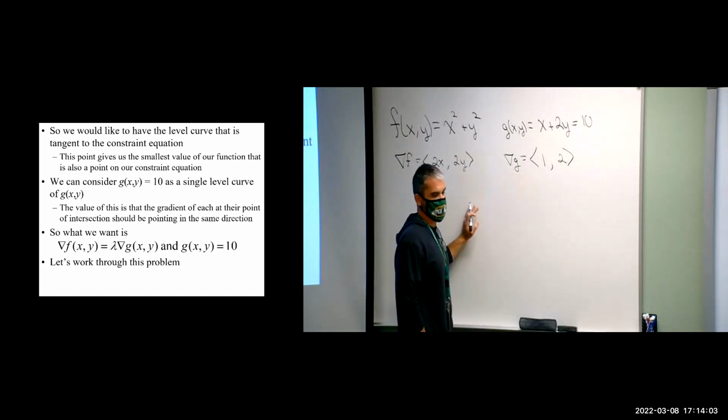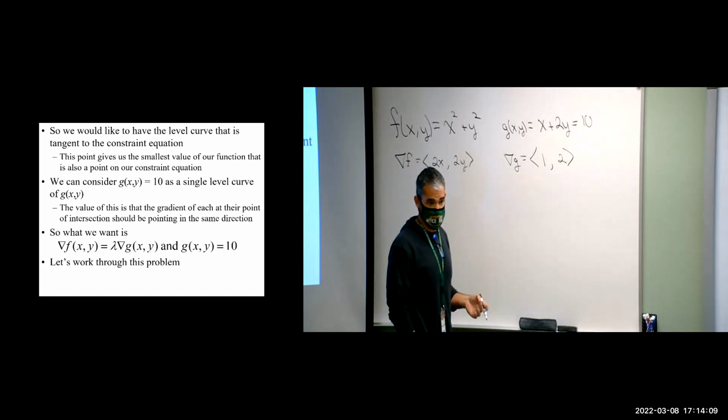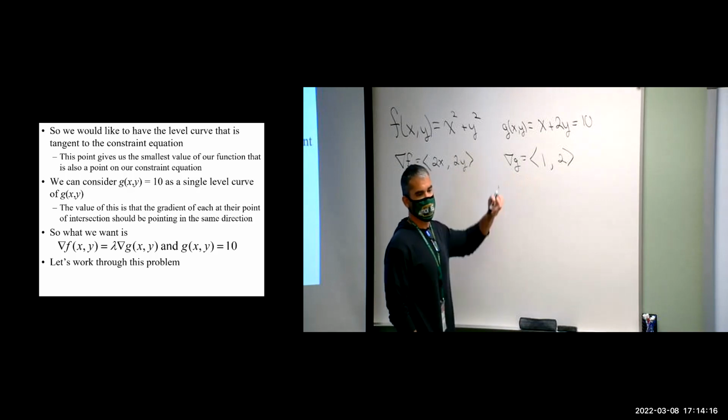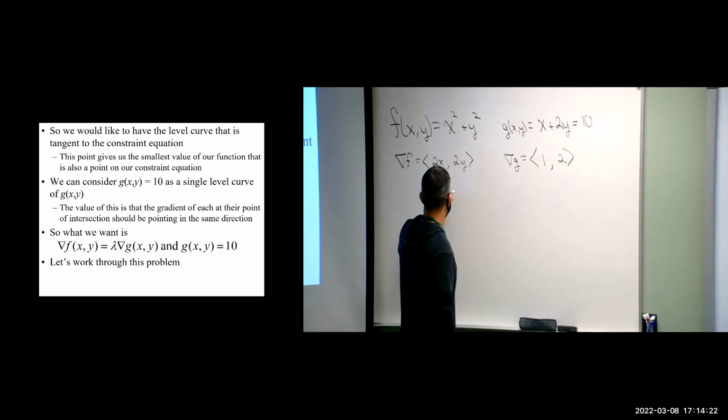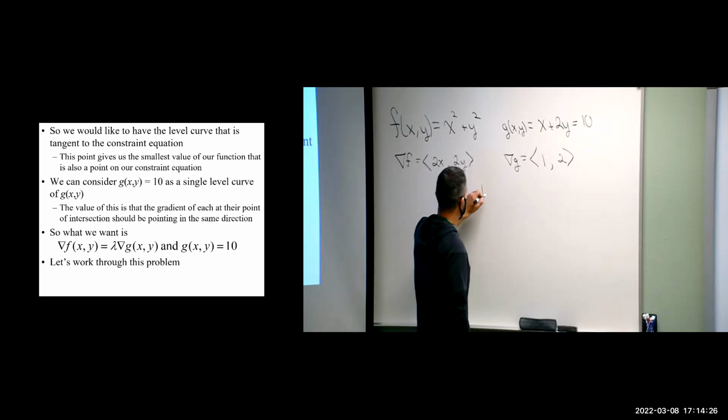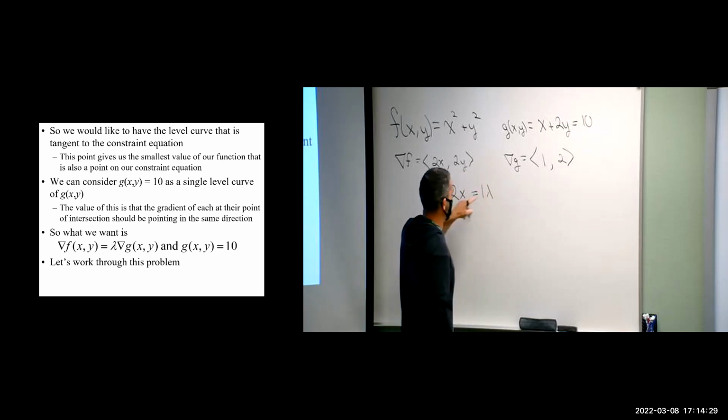Now, as far as solving for your optimization problem goes, in theory, you could put the lambda on either side. But I'm going to show you in a little bit that lambda has a very specific meaning. So we always want to attach lambda to g. Okay. So when we set these equal to each other, we have 2x equals 1 times lambda. Okay, the 2x and the 1.